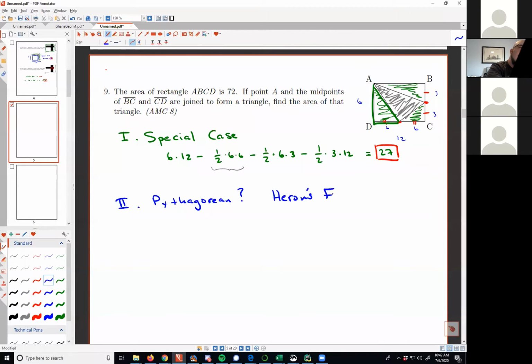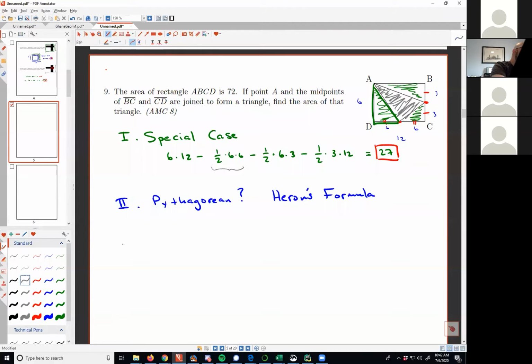We'll cover that sometime over the next few days. We're going to derive it and figure out why it works, but it's not easy to apply when you have ugly square roots. You can do it, and I've done it before, and sometimes it's the best way, but it's rarely the best way.